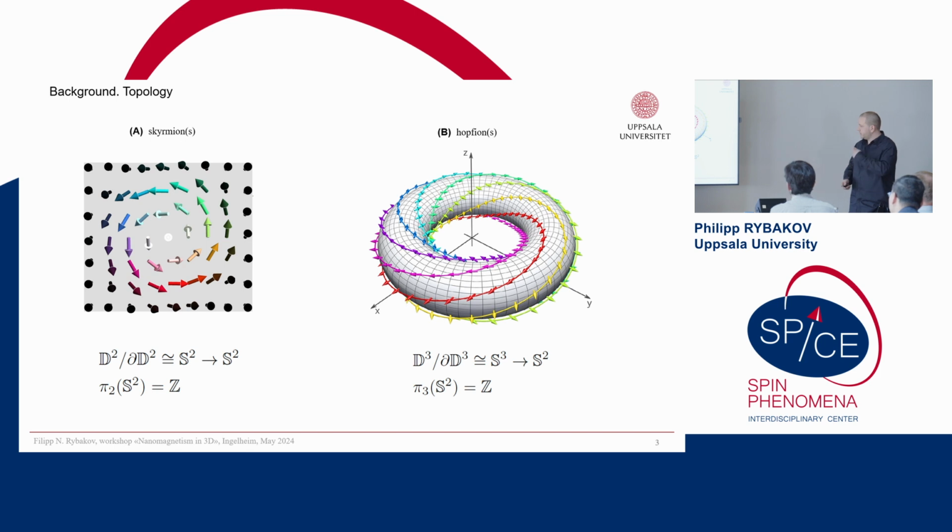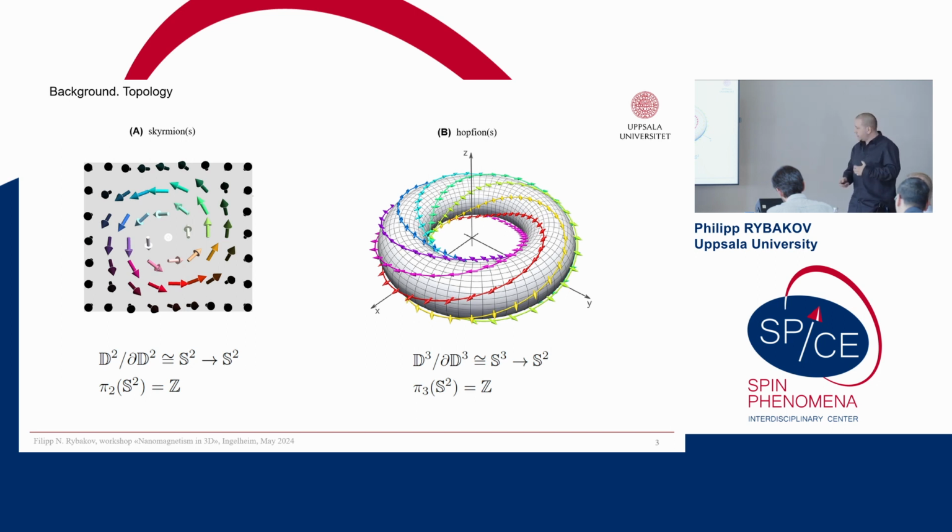And by analogy with hopfion, if we have a hopfion, it's a localized state in 3 dimensions, and we can think that we put it into some region which is homeomorphic to a ball, and we can compactify the surface of this ball into a point.